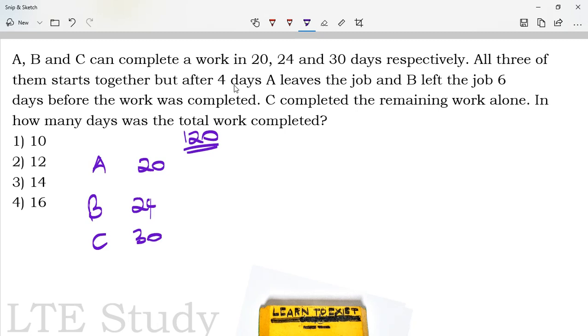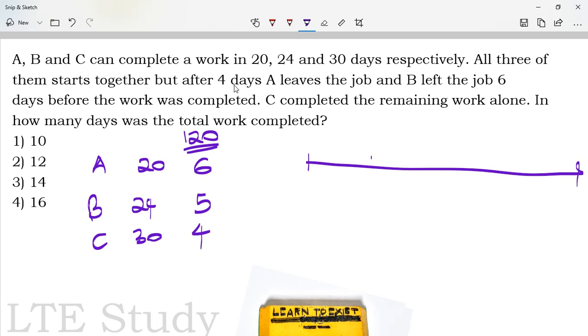What will be the capacity of A? 120 by 20 will be 6, 120 by 24 will be 5, and 120 by 30 will be 4. This is the working capacity of each person, meaning how much work is done in a day. Another piece of data is given: after a few days A leaves, and so on. I think a timeline would be explanatory.